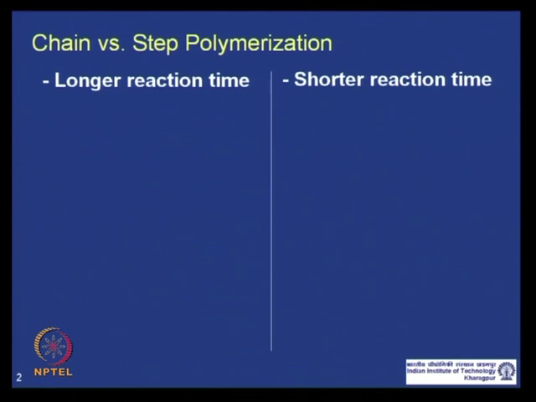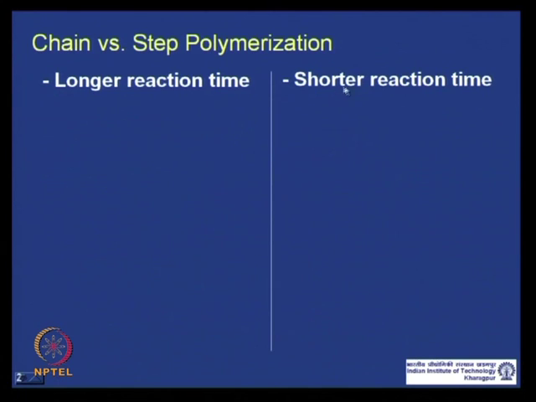The reactivities of those functional groups are not very high, and it's an equilibrium process, and during the reaction you have to make sure that your equilibrium goes towards the right by taking out the byproduct formed from the system. So, it takes much longer compared to chain reactions, where the reactions happen quickly in a shorter time.